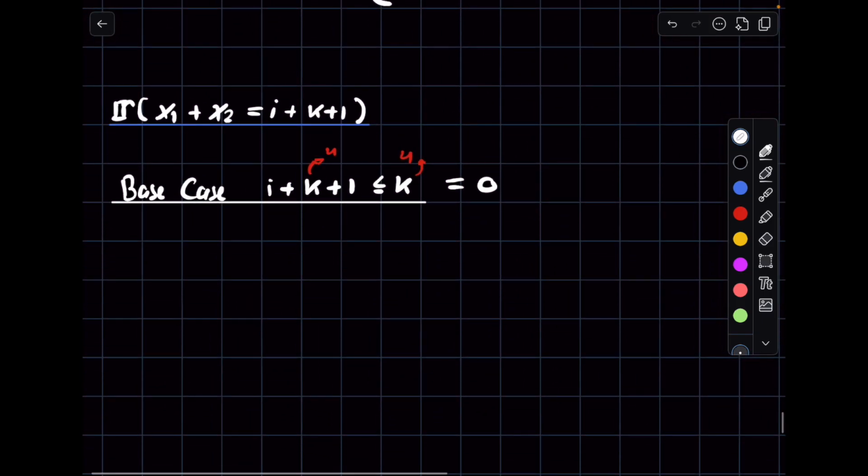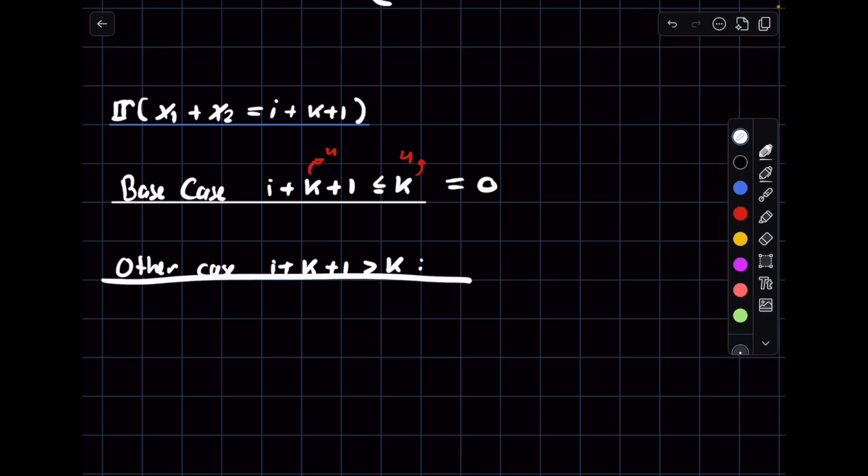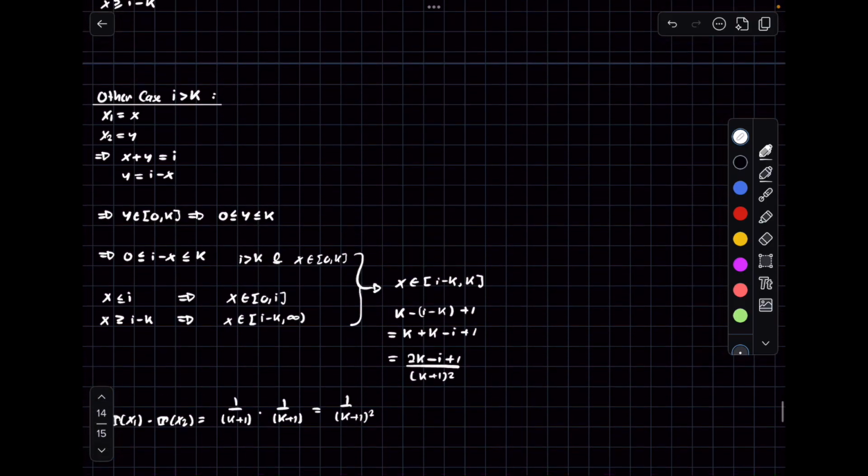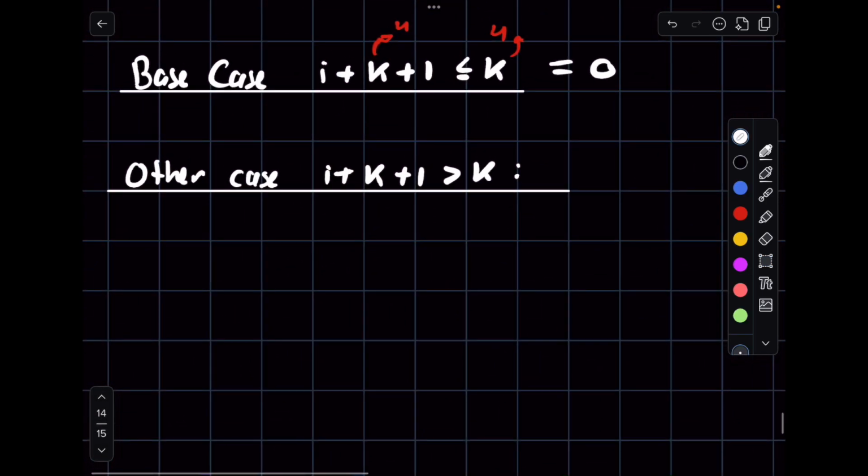Pretty simple. Now let's do the next case, which says other case, I plus k plus 1. This one we can actually work with. Let's start from the beginning.